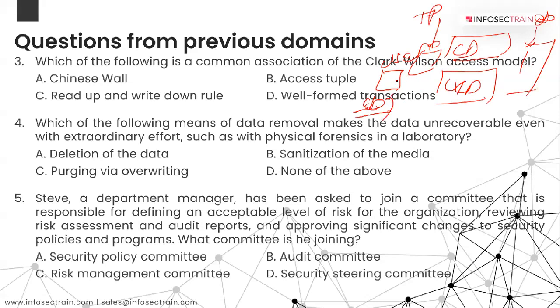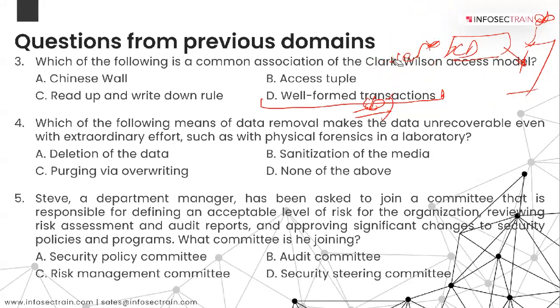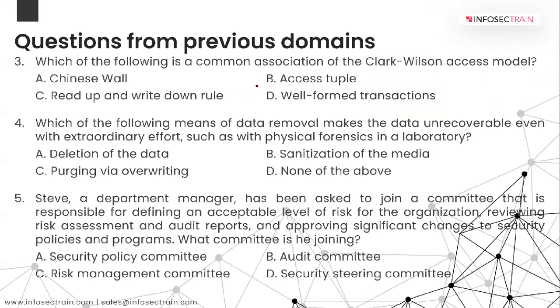When you're accessing unconstrained data, you go through here. When you're accessing constrained data, you go through a transformation process. So there are well-formed transactions in this case, because there is a transformation process through which you can only interact with constrained data. That is why in the Clark-Wilson model, you see well-formed transactions.